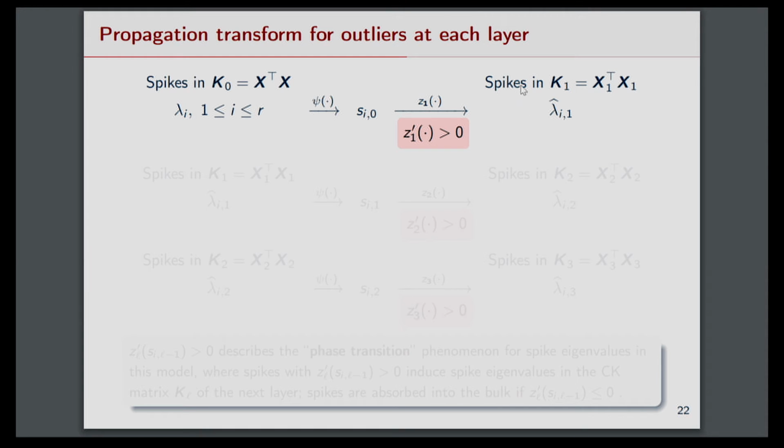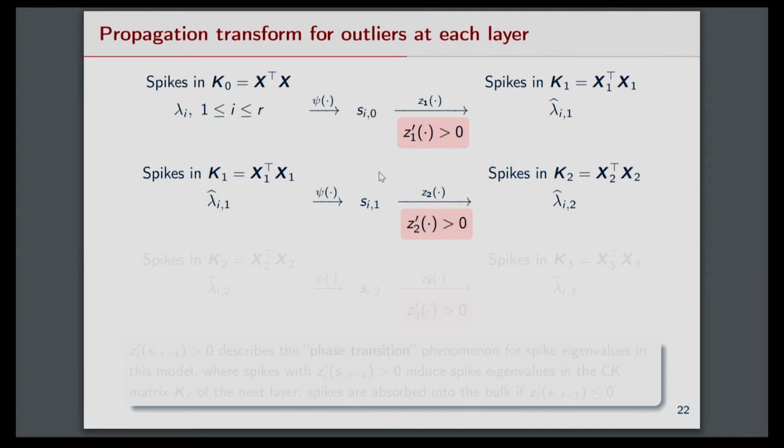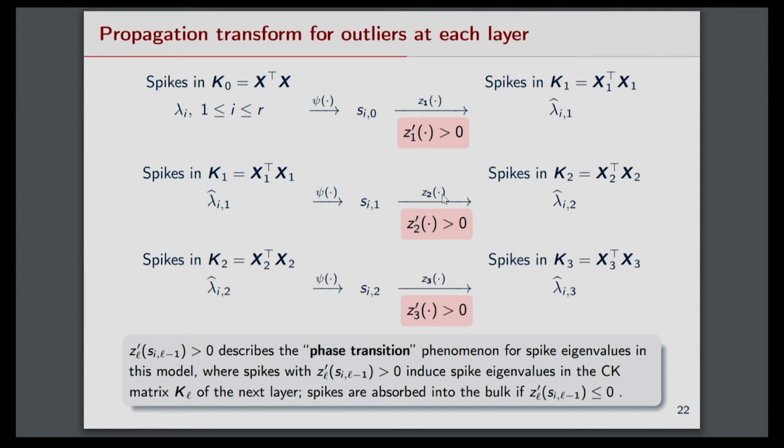Since you have some spike in K1 based on this eigenvalue lambda hat i, we can use this psi transform and Z transform again to produce the spike in K2, the second layer CK matrix, as long as this condition is satisfied, the same kind. So Z2 and Z1 are just the Z transforms corresponding to different layers. Iteratively, we can define this for the third layer and so on.